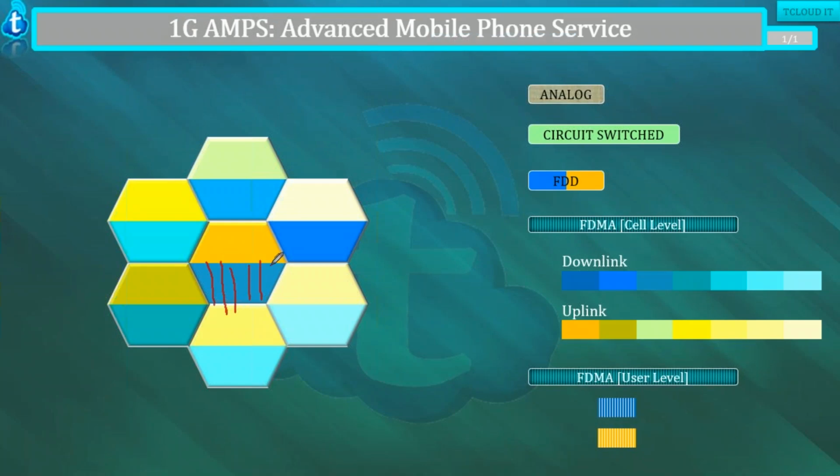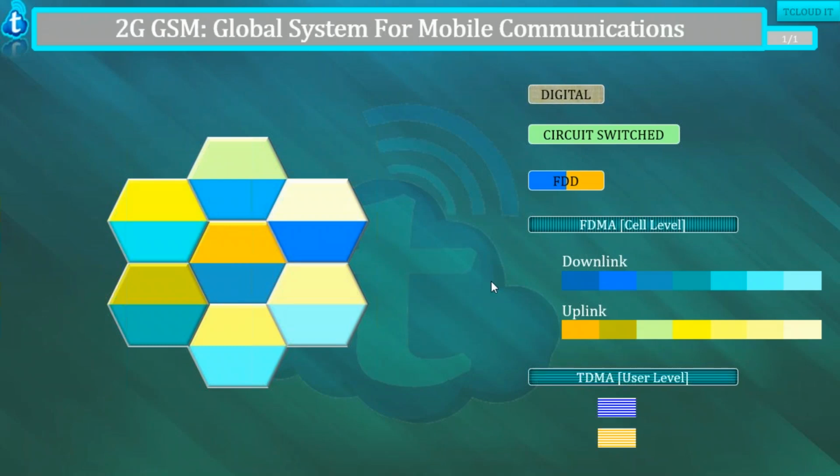One piece will be allocated to one mobile phone operating at the same time. That was in 1G technology. So every user will get one piece of downlink frequency and one piece of uplink frequency, every user who is on a call. That was 1G. But in 2G, what modification have they done?